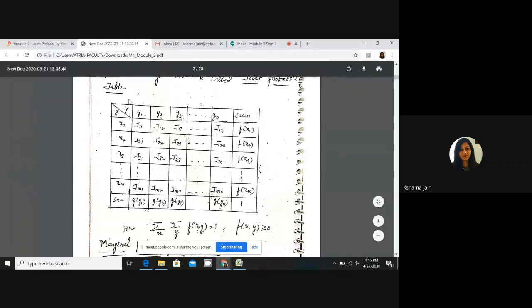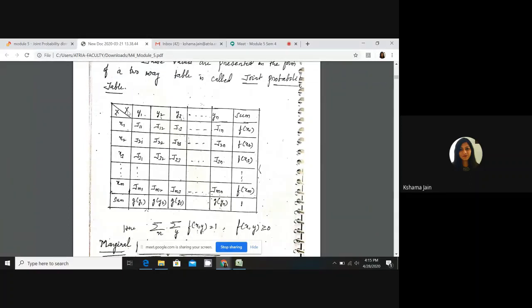Here, if I take a dice, and you throw the dice, y1 will be 1, 2, 3, 4, 5, 6. So there are the cases of a dice. Like this, these are the y1, y2, y3, and these are the x1, x2, x3 of the possible events. And here, if X and Y are related to each other, then J11 is the joint probability.